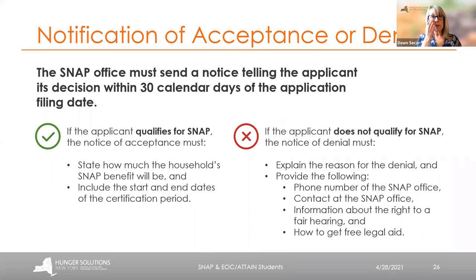So people have to know at the end of 30 days, are they going to get SNAP benefits or not? So the SNAP office has to send a notice telling the applicant its decision within 30 calendar days of the application filing date. If the applicant qualifies for SNAP, the notice of acceptance has to have certain information on it, and it's here on your slide.